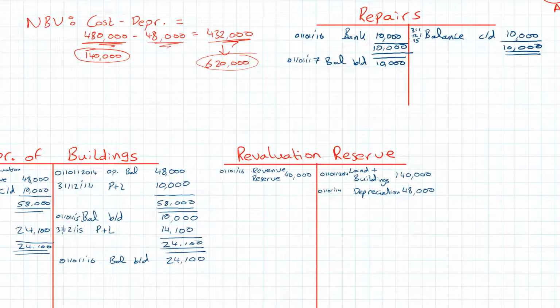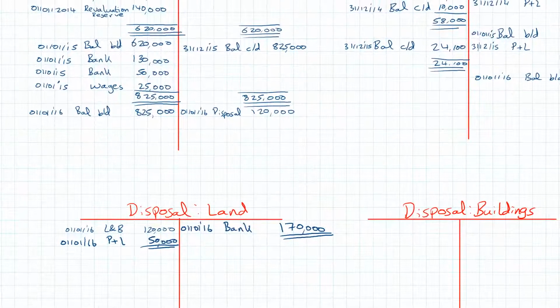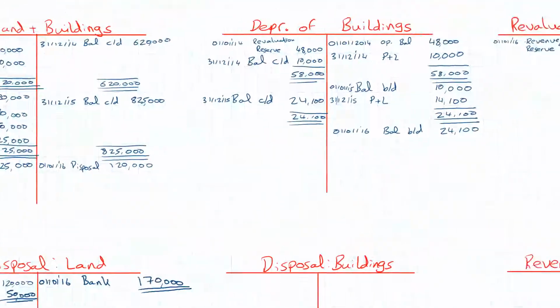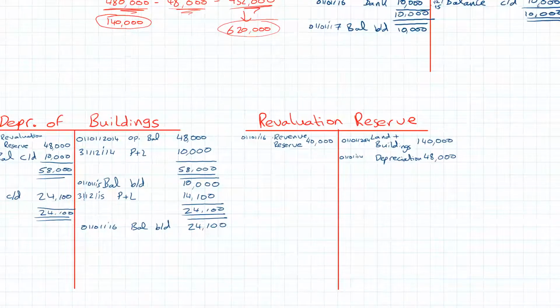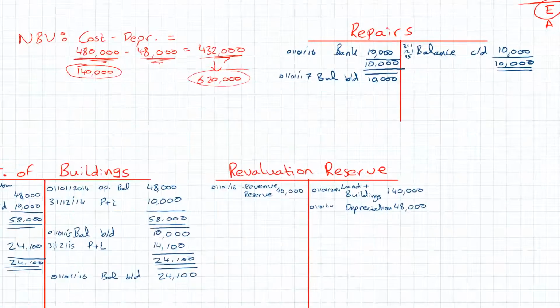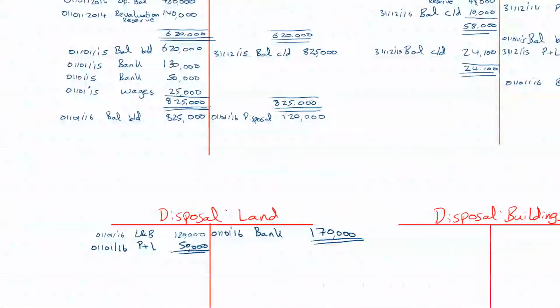Now I'm kind of jumping the gun, but this is P&L on the first of first, 16, of 50,000. So we made a gain of 50,000. Okay. And if you go to your Earl, you can see that double entries as a revenue. So it's a profit on sale of disposal.